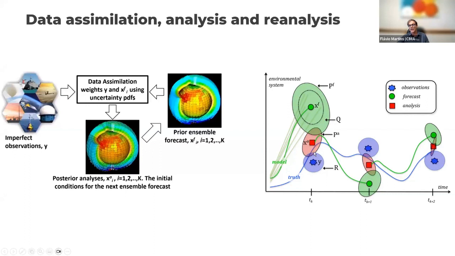And my new initial condition should minimize the difference between the model and the observations, you see? So it should be something like here, with an error also. I should assume an error for the new initial condition, but it minimizes, so it's kind of midway between my model and my observations.